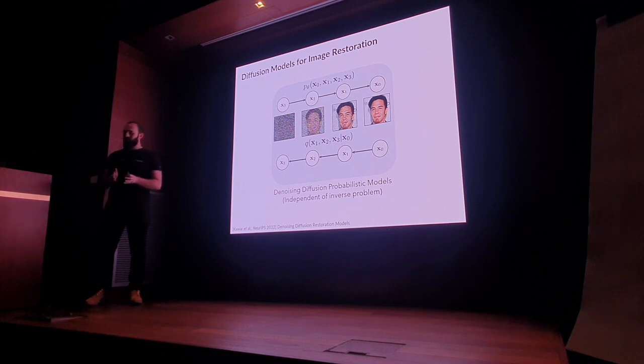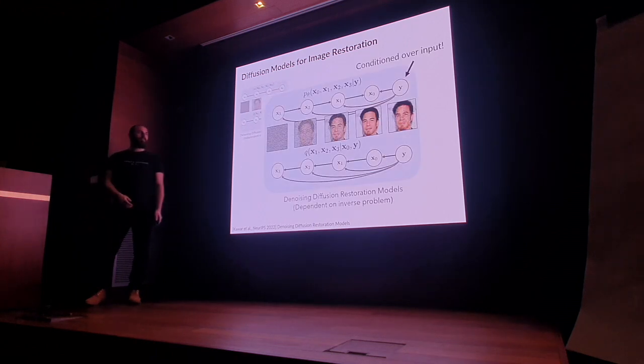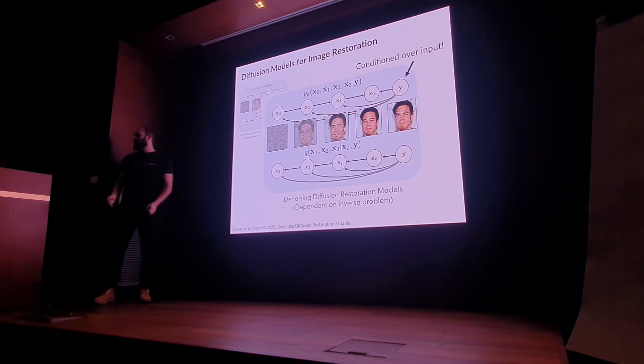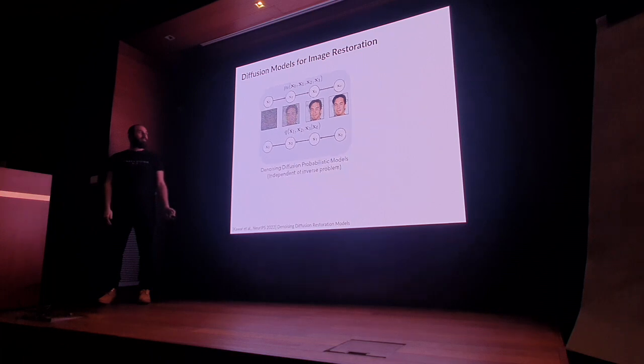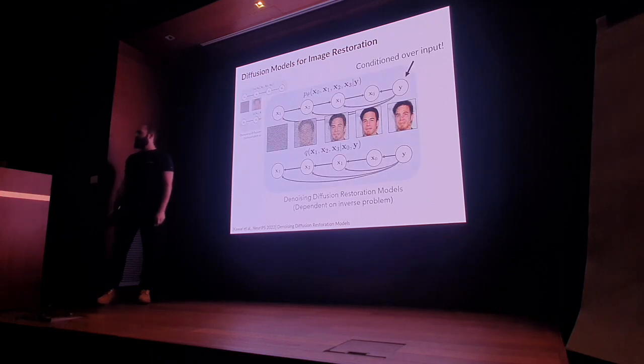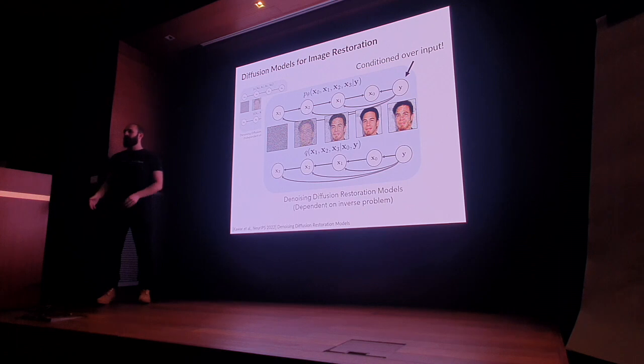As opposed to generation, where we just want to generate an image out of nothing, this time we have an observation Y that we want to condition on. So we define a new Q distribution and a new generative distribution that are just the same as the diffusion model, only everything is now conditioned on this observation. This observation is given to us, so we can always use it. Once we define these distributions, we can use them to do the same thing.